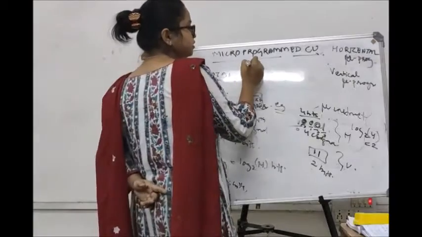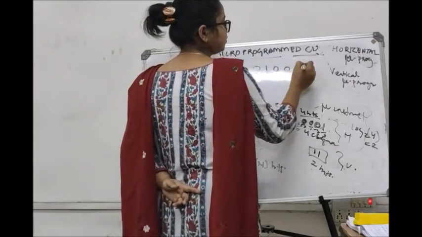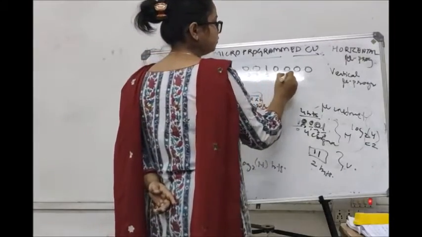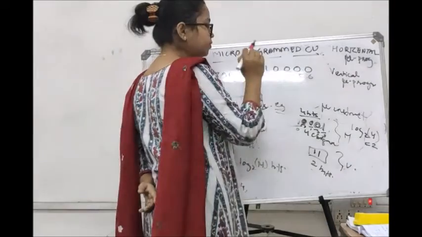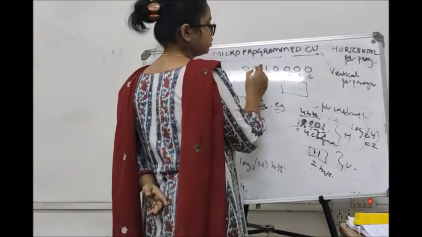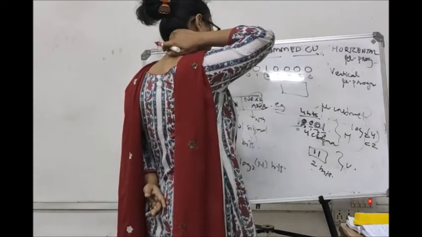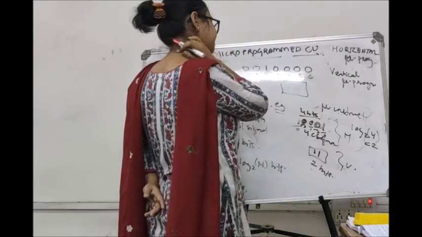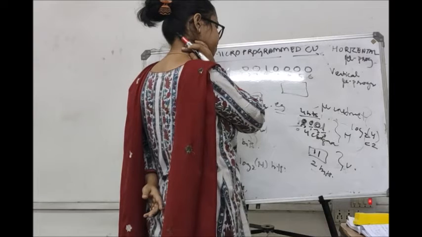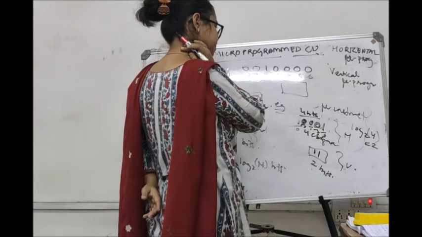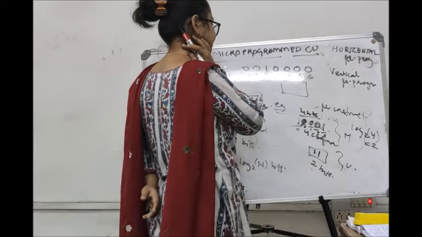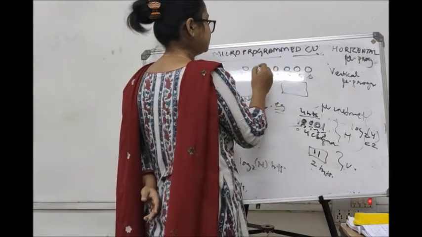Suppose the control signal generated is this. Now 0, 1, 2, 3, 4, 5, 6, 7.